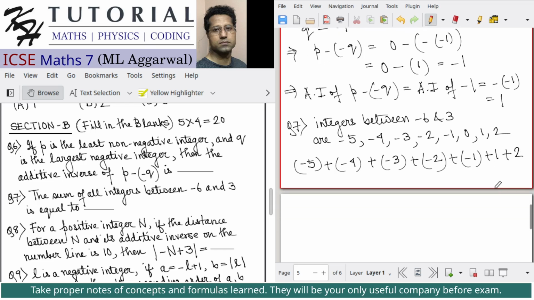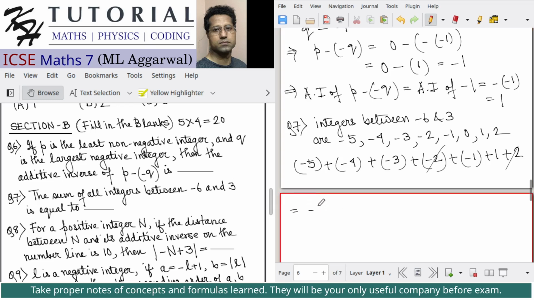Now in this numerical expression, since we have all addition operations, if there are two integers which are additive inverses of each other, then we can cancel them out. We see that there is -2 and 2, so I can cancel these two integers in the sum.